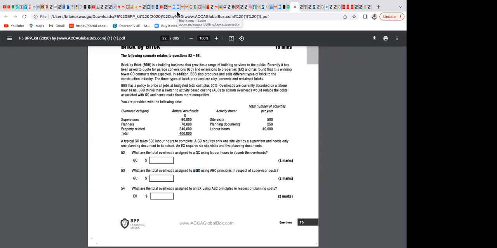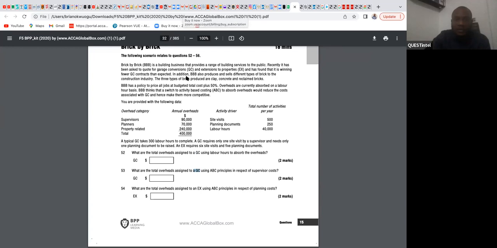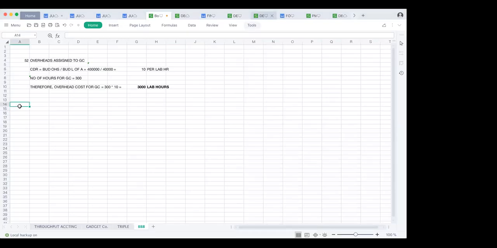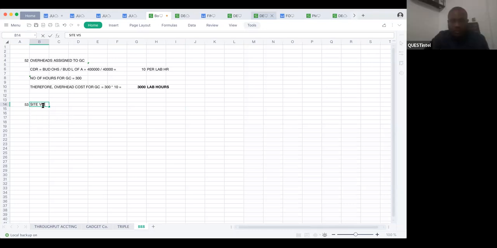First of all, we'll get our cost driver rate again. What's that, 9,000? 9,000 divided by 500, right? 90,000. Site visit cost for one GC, ABC.